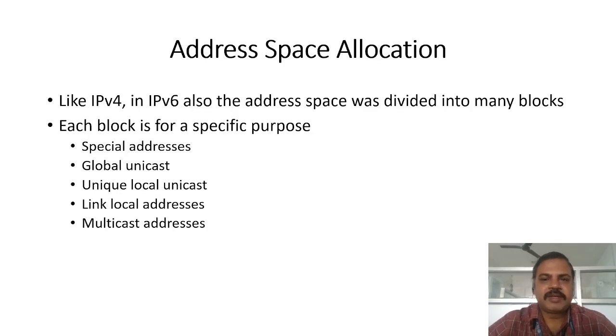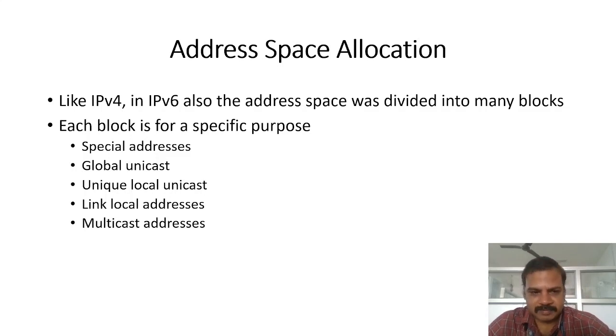Like in the case of IPv4, IPv6 also has the address space, and the address space is divided into many blocks, and each block is used for a very specific purpose. Some of the most important blocks are special addresses, global unicast, unique local unicast, link local address, and multicast addresses.